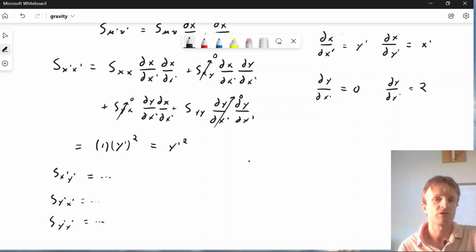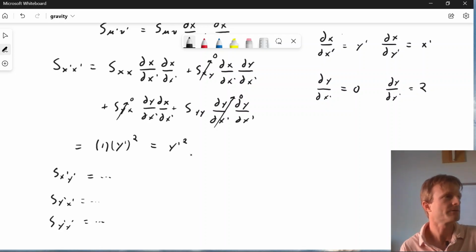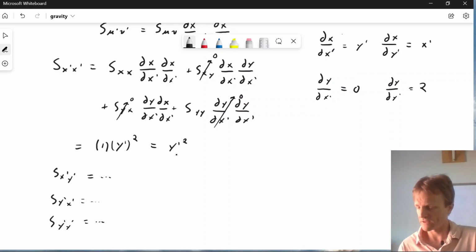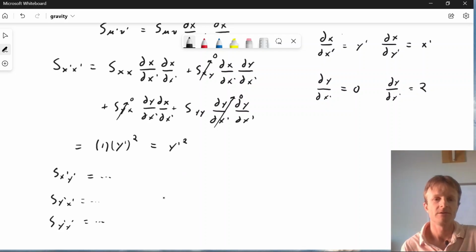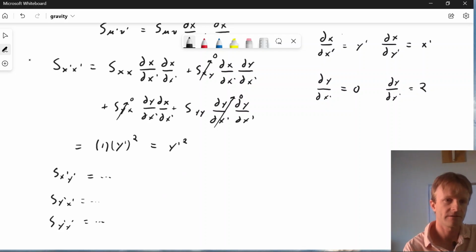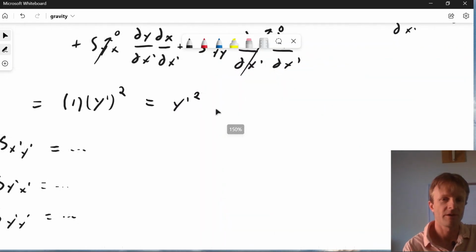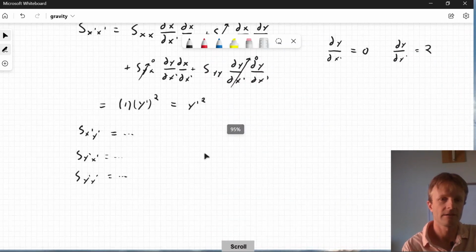But one thing I want to show you after showing you this kind of annoying way to do it, where you write out all these different terms, is a slick notation you can use to do these calculations that will save you a lot of effort. Now, if the notation doesn't help you, by all means, do it the long way.